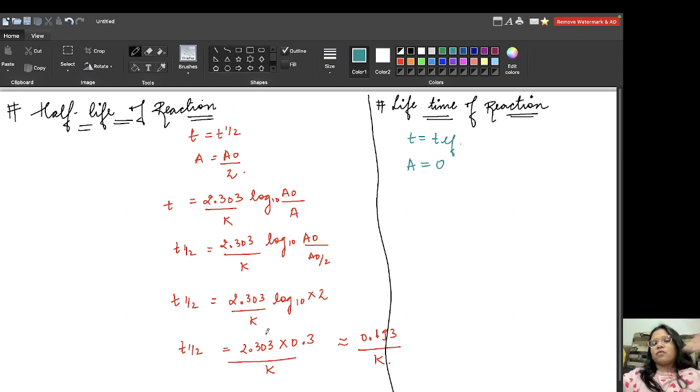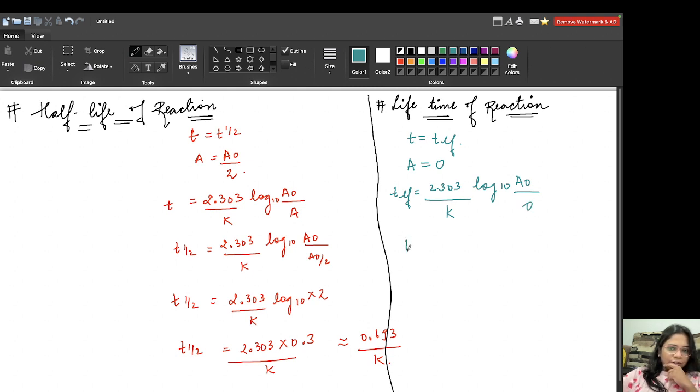Why? Because your full reaction is completed, so final concentration is 0. So T lifetime will be equal to 2.303 by K log base 10 of A naught by 0.